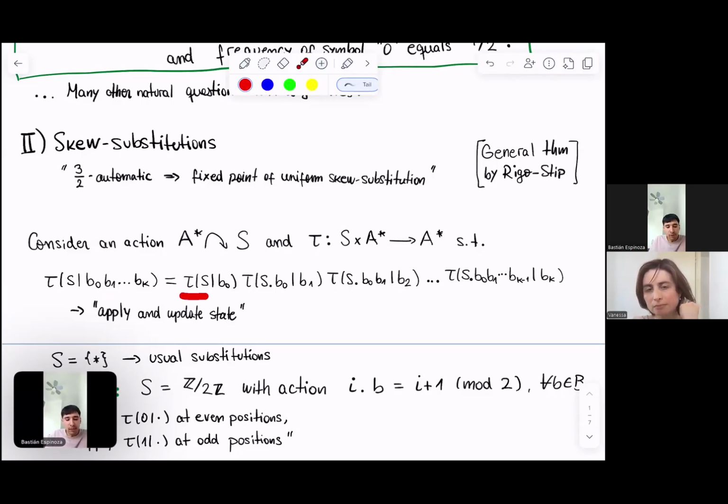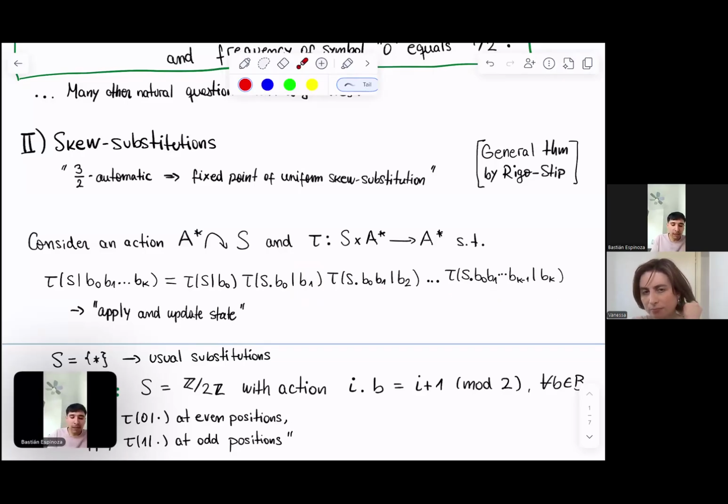So for instance, in the first part, we start with the initial state S, and we apply the substitution associated to this state to the first letter, b0. Then we update the state by applying the action b0 to the state S. We get a possibly different state. And then from this state, we can apply a possibly different substitution to the second letter. And we continue like this. Now we update again with the letter b1 to the previous state. So we have b0, b1 now, and we continue applying up to the final letter.